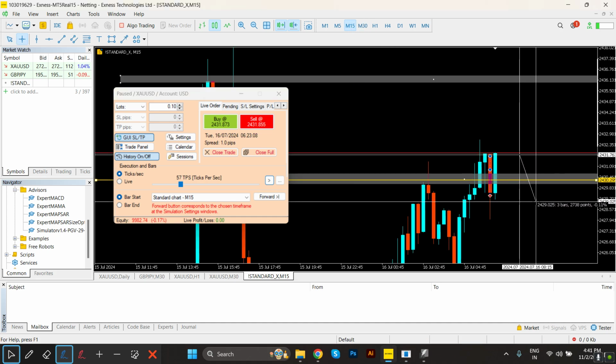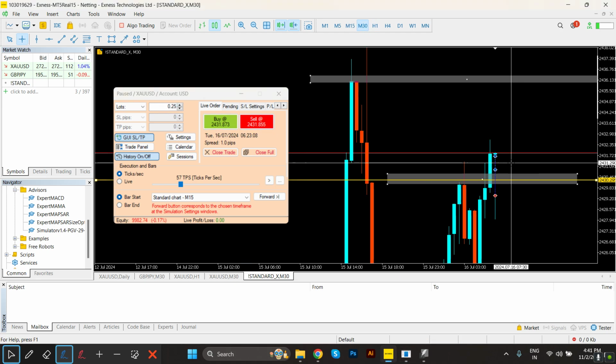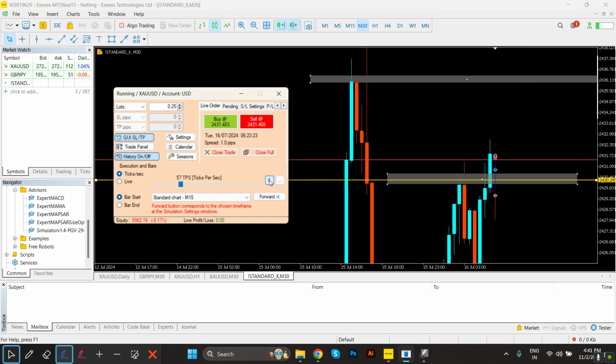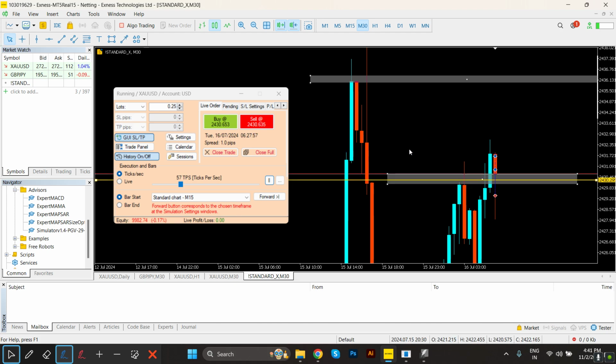And now it makes sense, I think, for me to give my trade a second chance, because I think price should continue pushing up, and maybe wait for this candle to close, and then we will see what happens.